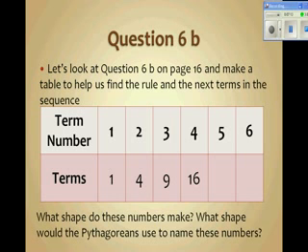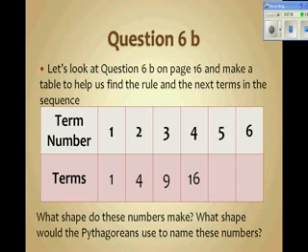Use your pattern blocks to see if you can find a pattern growing here. Think about what the Pythagoreans might have done. They like to make shapes with numbers. Can you make a shape with each of these terms? For instance, for the first one you would use 1 square. The second one you would use 4 squares.